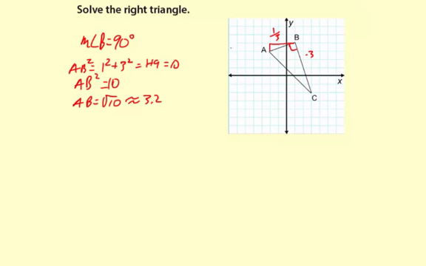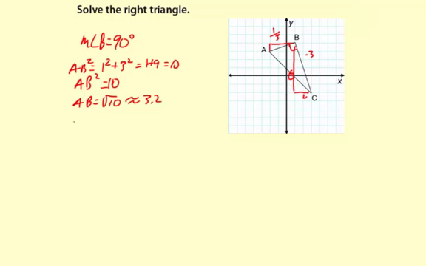Okay, now I'm going to figure out side BC, and that is, let's see, down 1, 2, 3, 4, 5, 6, and then right 2. So it's 6 here, and then 2.